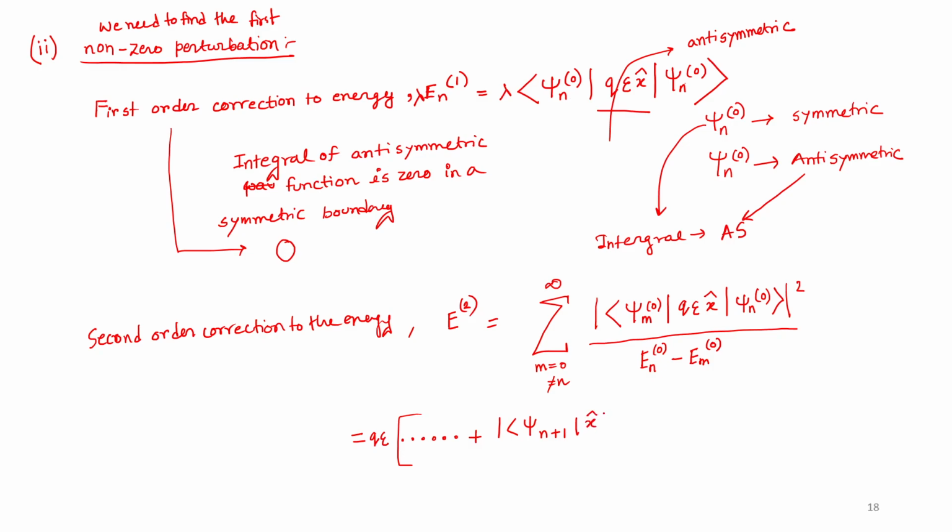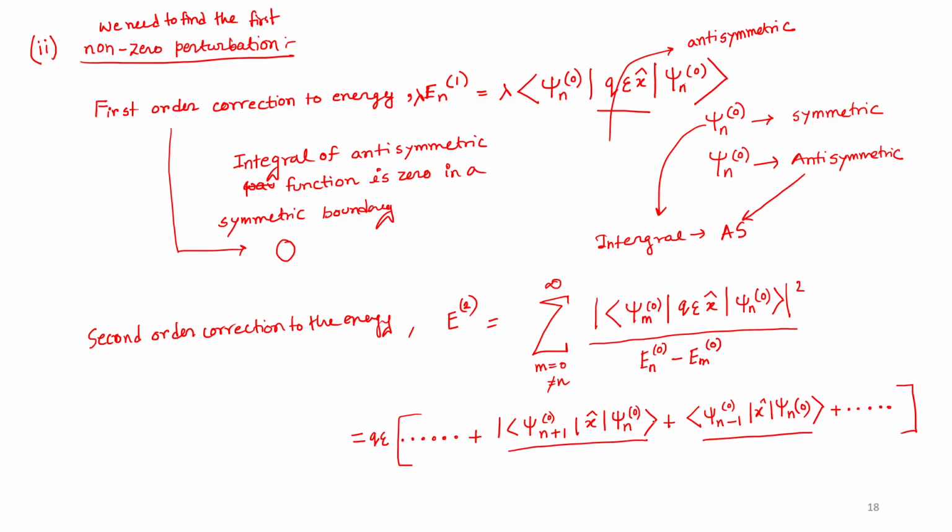It is x psi n 0, and see m can't be n, so the next term would have been psi n minus 1 x psi n 0, right? And next again, there could be this many possibilities, obviously.